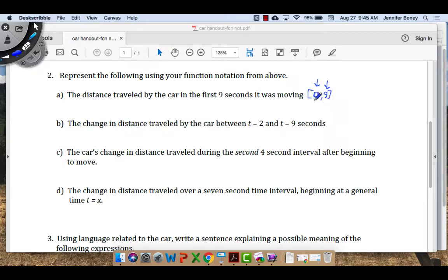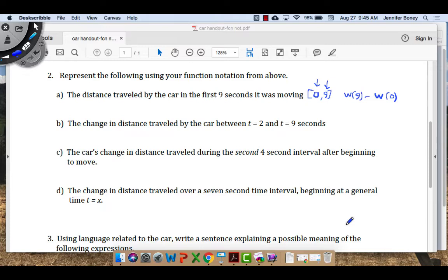So if I wanted to write the change in distance, final minus initial, the positions would be w of 9 minus w of 0. And like we said, w of 0, since this is distance since the car started moving, at 0 seconds since the car started moving, the distance traveled would be 0.